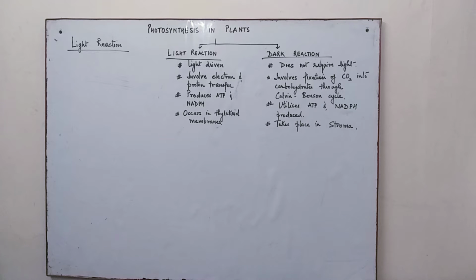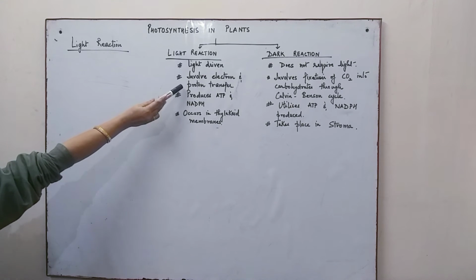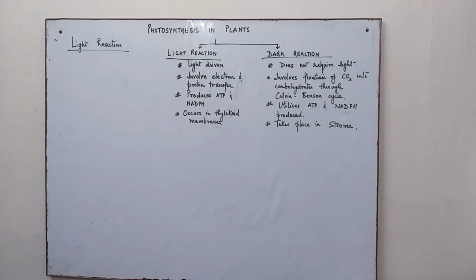Now, when we talk of the light reactions, they are actually light dependent reactions, and they involve light driven electron and proton transfer and take place in the thylakoid membranes. They produce ATP and NADPH.